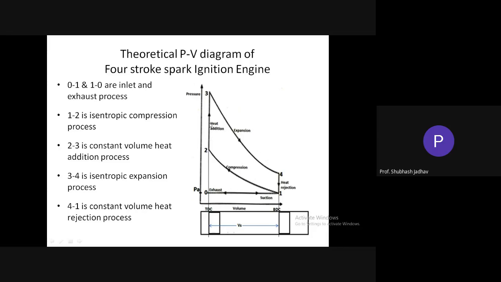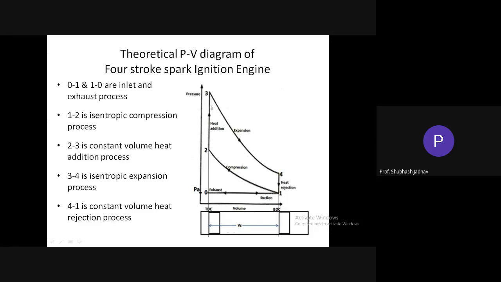Thermodynamically it is called a heat addition process, because we have added heat, which was not there initially and is there now. In that sense it is called a heat addition process, or in the practical sense it is combustion. So due to combustion, what happened? From 2 to 3 we have a constant volume heat addition process.